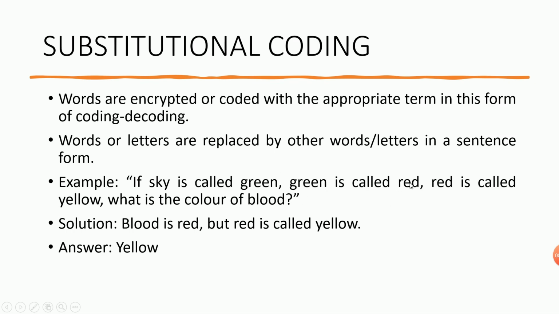Then green is called as red. Red is called as yellow. Then what is the color of blood? So usually the color of blood, as we know, is red. But here the term red is called as yellow. So you have to write yellow. So that is how yellow is the answer. So this is the substitutional coding.